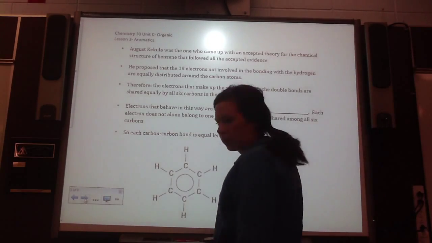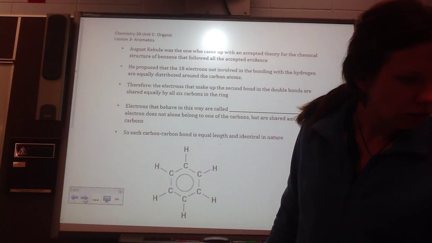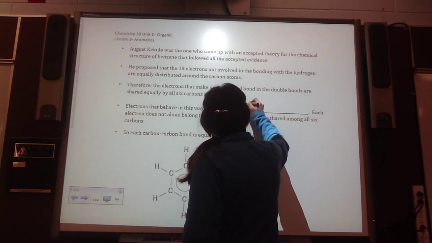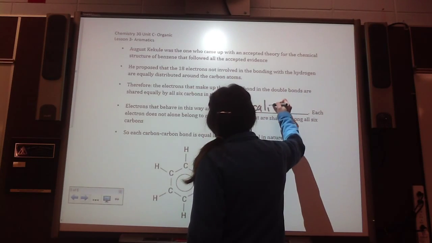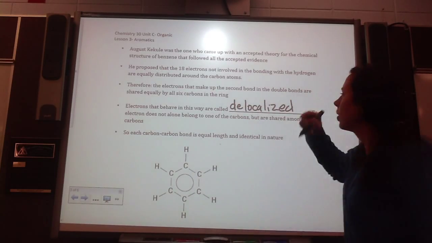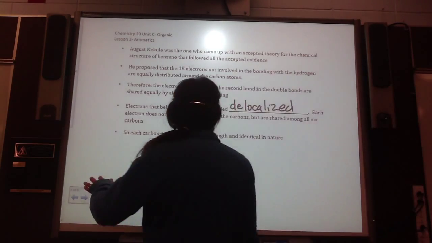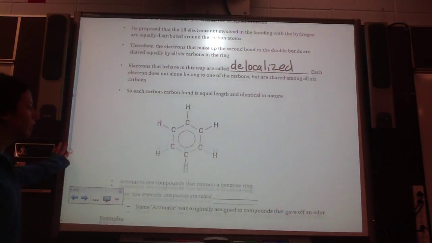Delocalized. They don't have one specific location that they have to be at. Each electron does not belong to one of the carbons, but is shared amongst all 6. So each carbon bond is equal in length and identical in nature.